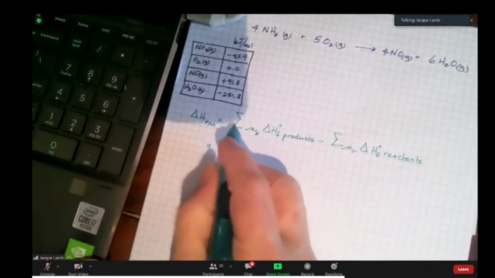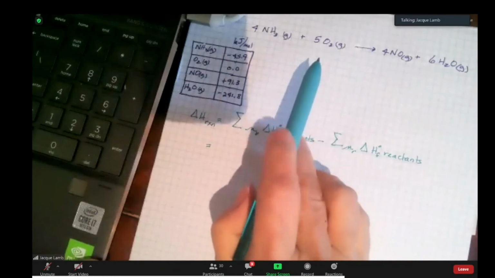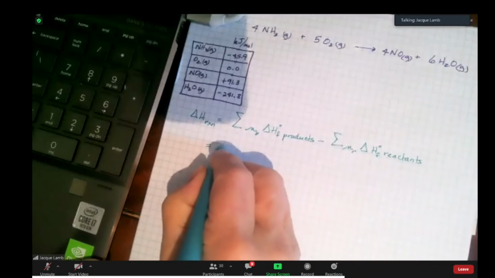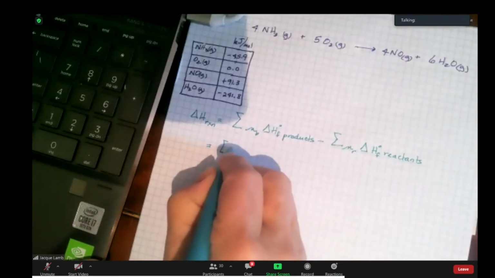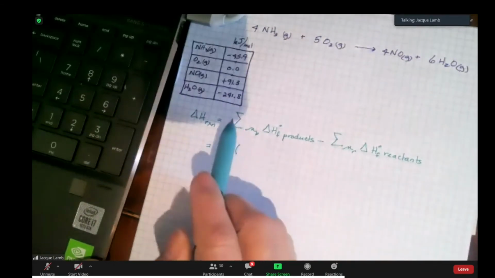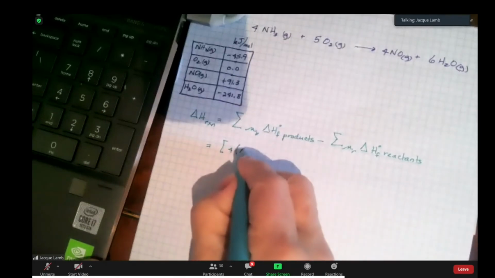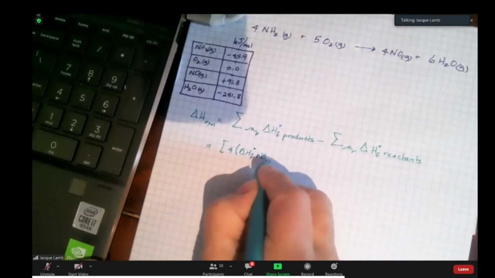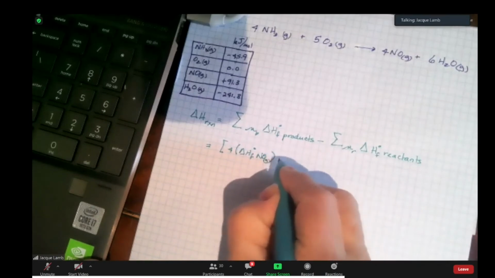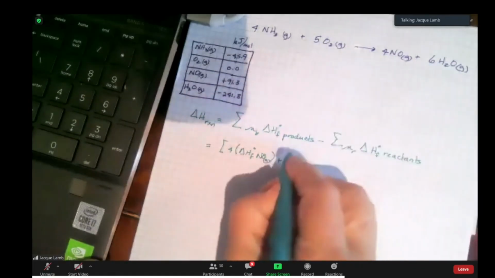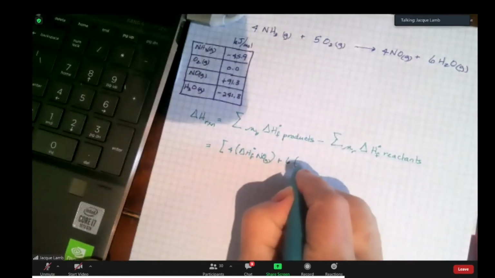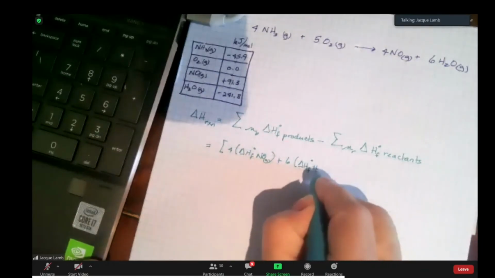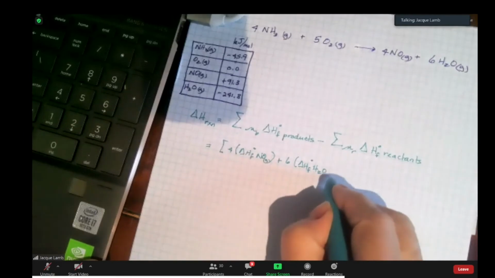We can say that this equals the number of moles of NO, which is 4, so 4 times the delta H of formation of NO gas, plus 6 times the delta H of formation of water. In this case, water is a gas.